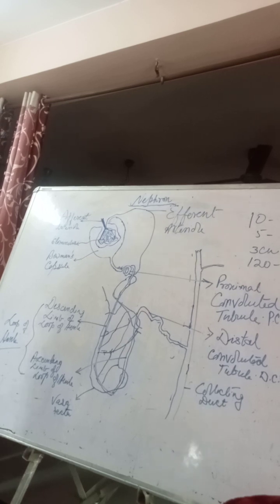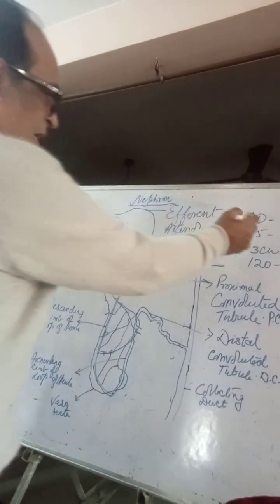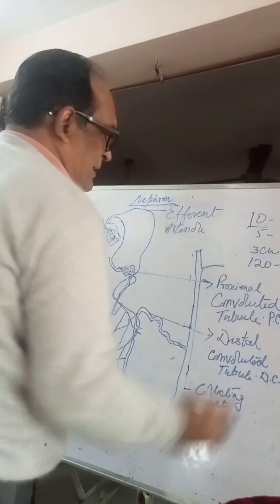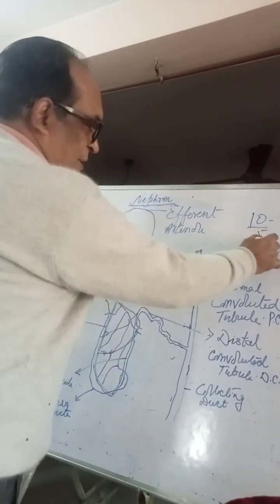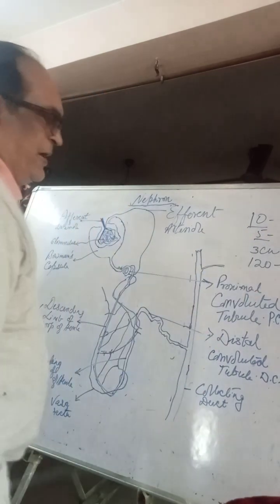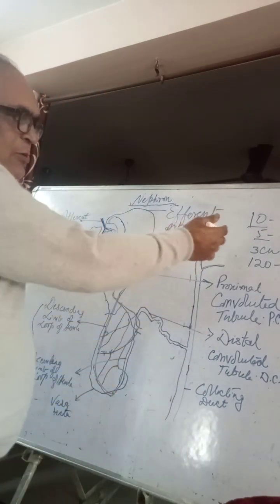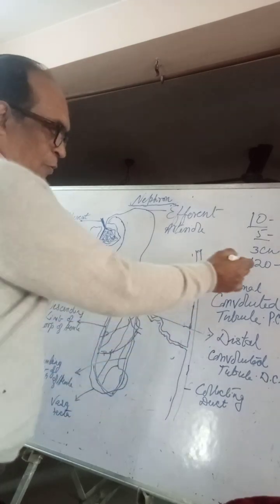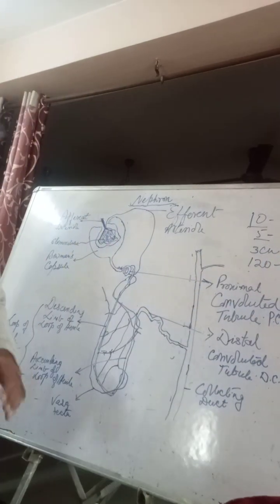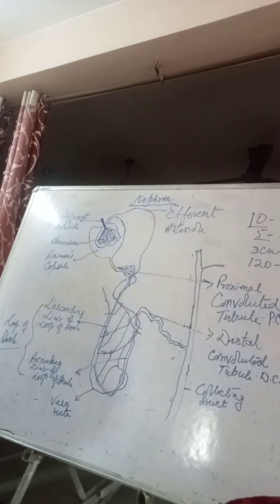The length is 10 to 12 centimeter, the width is 5 to 7 centimeter, and the thickness is almost 3 centimeter. The weight is 120 to 170 grams. So these are the parameters. If you remember them, that will help you.